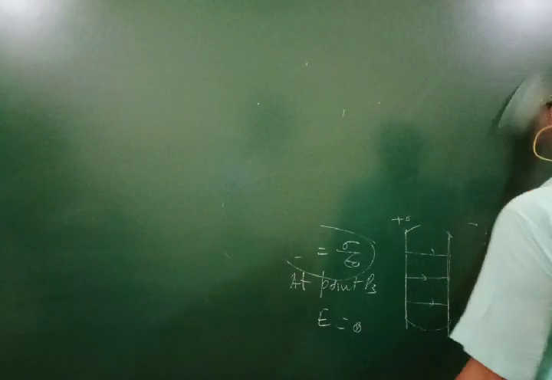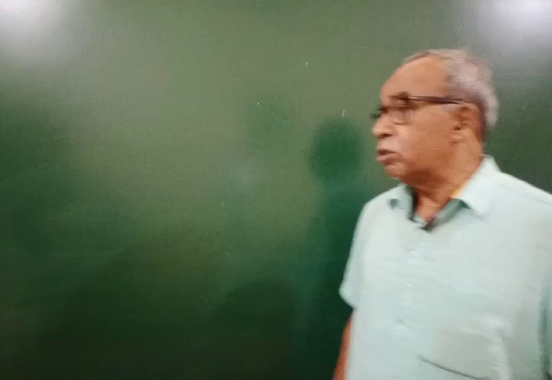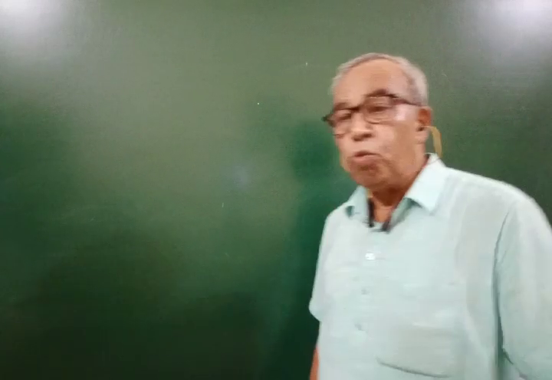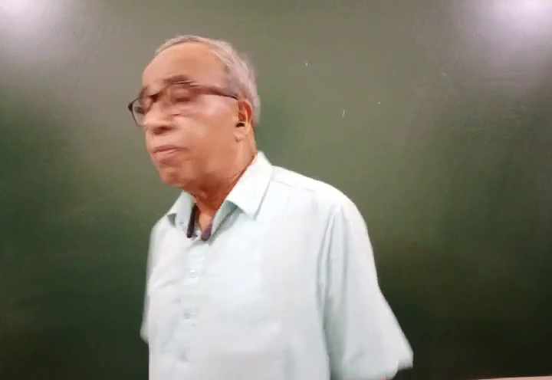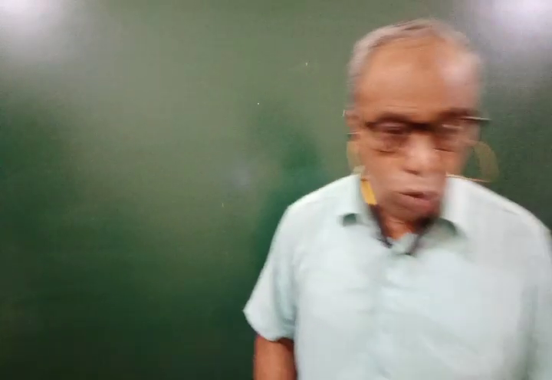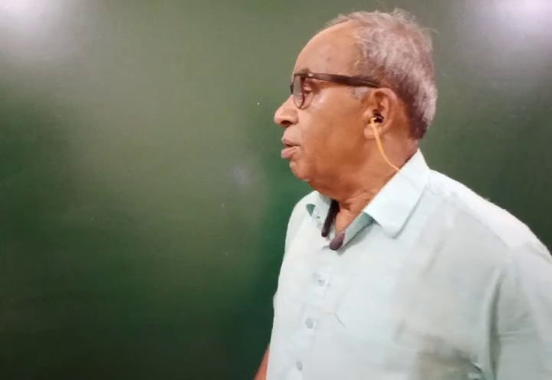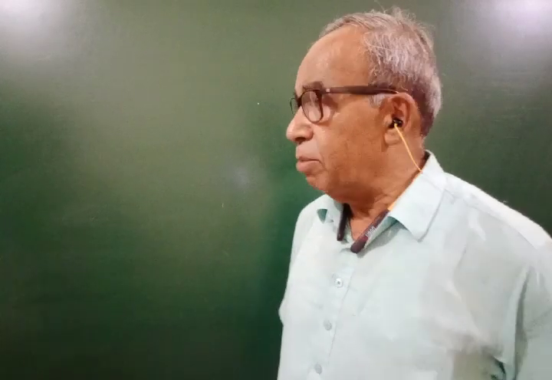Now there is a simple problem which will make what you have learned clearer. Gauss theorem says that the electric flux through a closed surface enclosing some volume V is equal to the total charge inside divided by epsilon 0, or the surface integral of electric field over the closed surface is the total charge inside divided by epsilon 0.